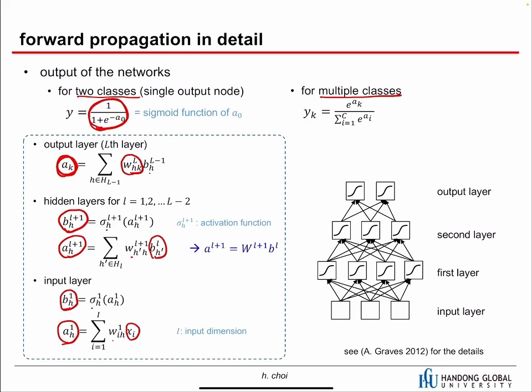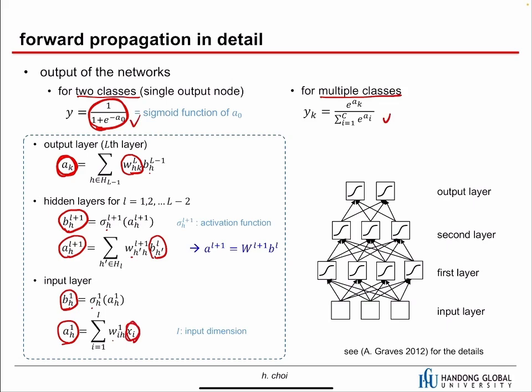Or if you want, you can come up with your own nonlinear function, but we don't have to have a sigmoid function or softmax. These two functions are only for classification problems. But anyway, for the propagation, these are all the equations we have.